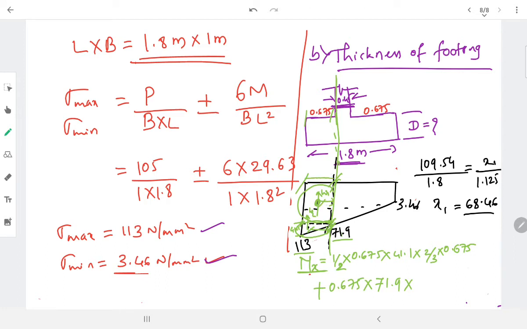That means 0.675 divided by 2. So Mx value I am getting as 22.62 kilonewton meter. So this is Mx value. So critical section we are taking here, take the rectangular area as well as triangular area and their CG distance up to the critical point. You will get bending moment.